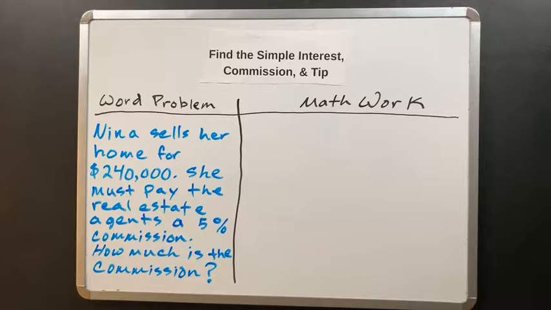Now, it says Nina sells her home for $240,000. She must pay the real estate agents a 5% commission. That's key. How much is the commission? Okay, now let's read the problem and then identify some key information.